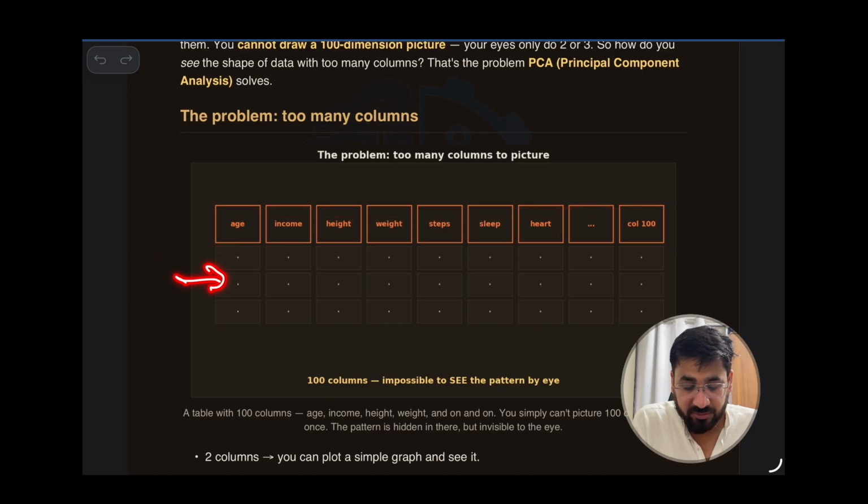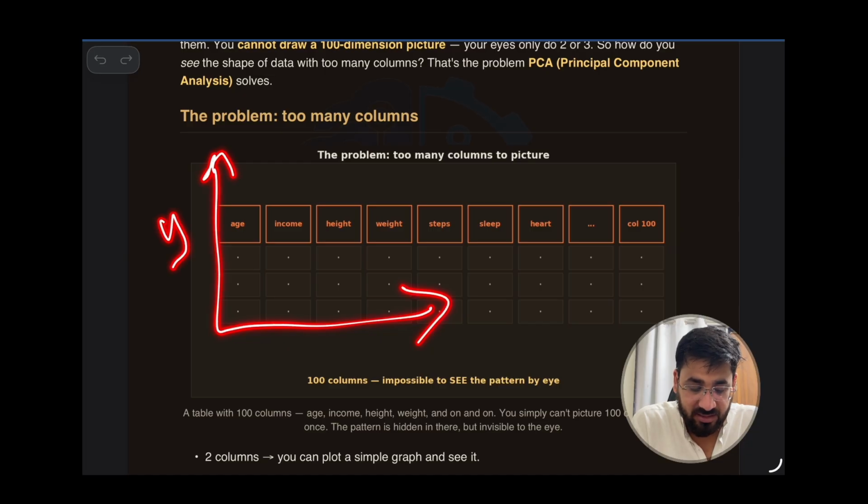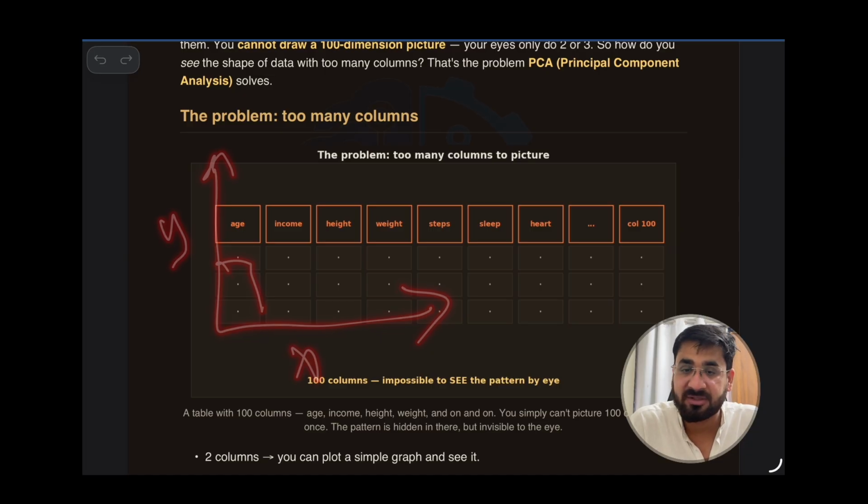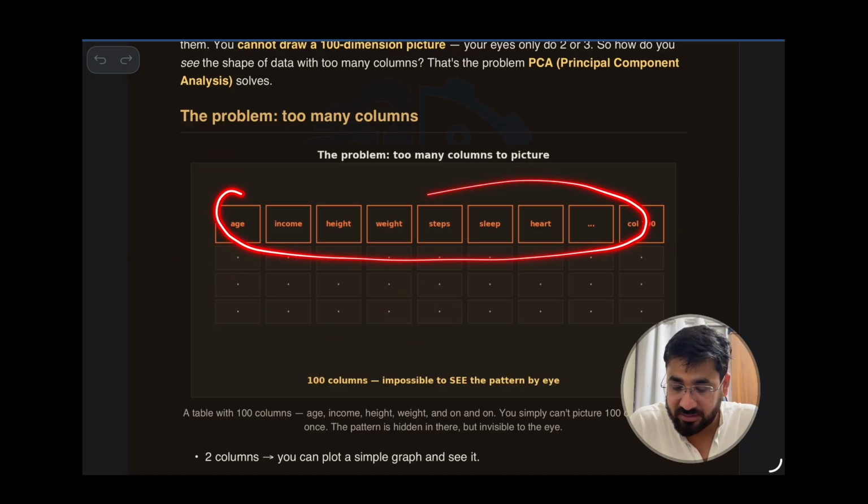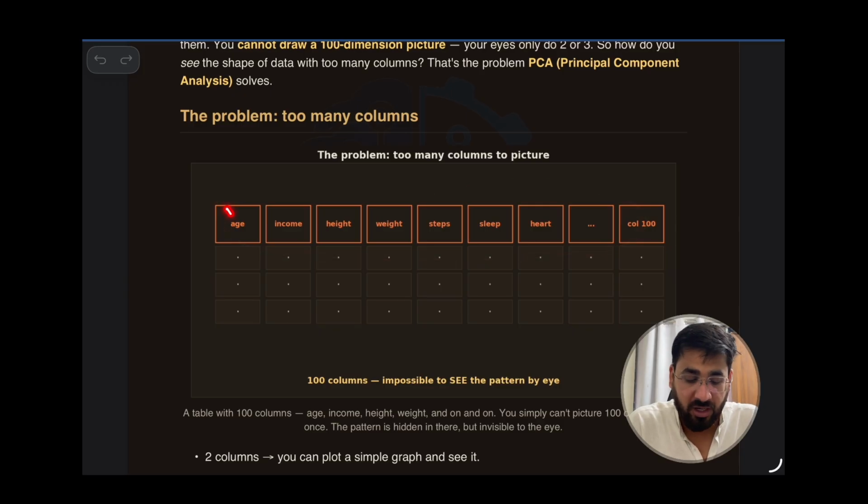Now for the second person, 100 columns. If I ask you, can you draw this on a 2D diagram and understand the pattern? Impossible, right? In a 2D diagram you have a y-axis and an x-axis, so you can take 2 dimensions. Now there are 100 columns, so you have to draw 100 dimensions.